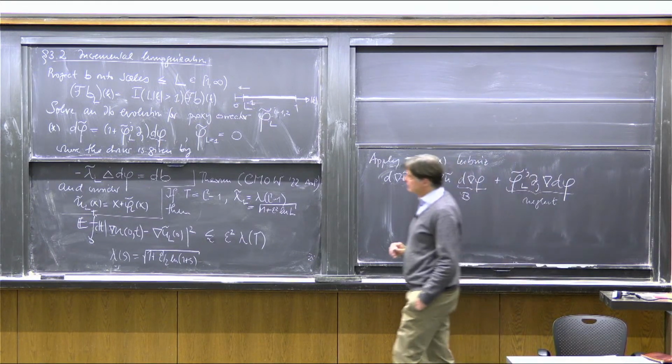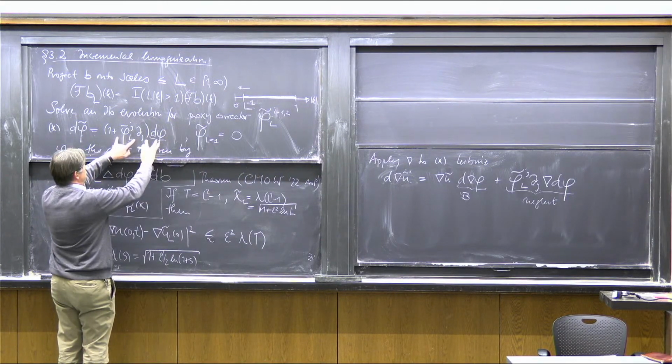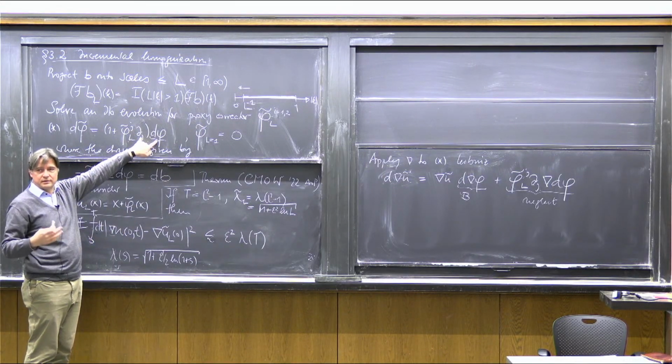And if you distribute the gradient on these two things, if the gradient hits this term, you expect that term to be smaller, because that's the larger scales.